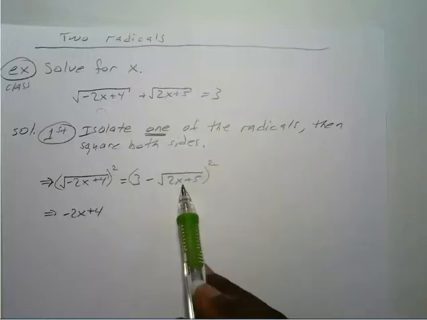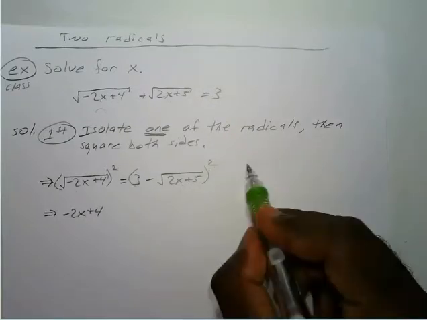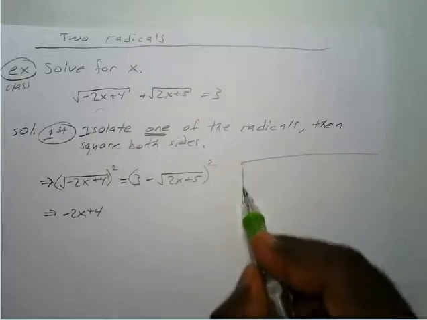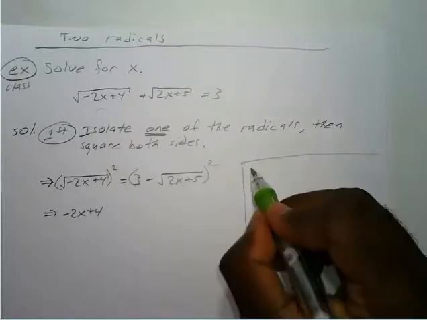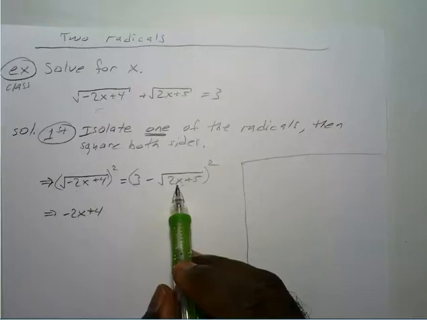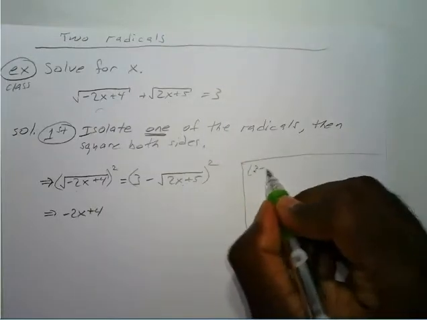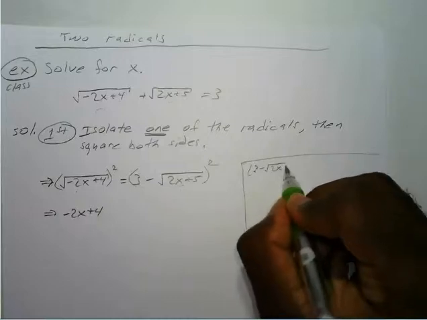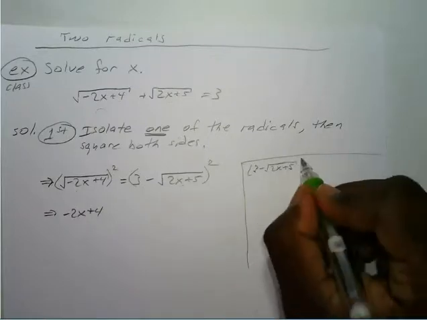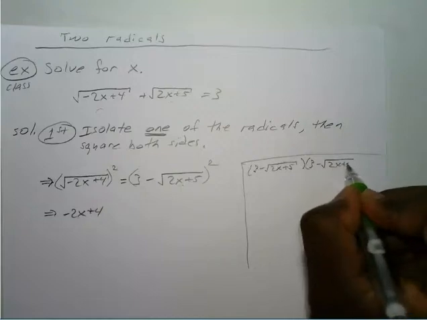So when you have those two terms and you're squaring it, you use the FOIL method. So I'll do that right on the side. So if you have 3 minus the square root of 2x plus 5 squared, that is 3 minus the square root of 2x plus 5 times 3 minus the square root of 2x plus 5.